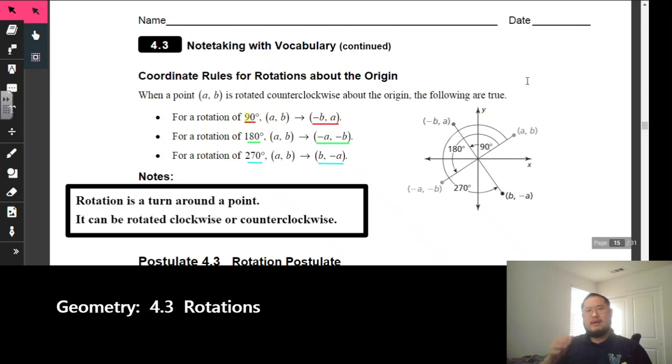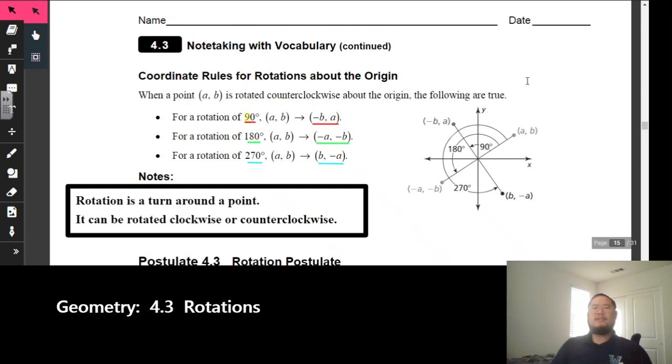I have right there in a nice thick black bordered box: rotation is a turn around a point. It can be rotated clockwise or counterclockwise. Now, for most of our rotations today, we are talking about rotating counterclockwise. When I say rotating 90 degrees, it's going to be counterclockwise 90. If I say it's rotating negative 90 degrees, that's when you're going clockwise.